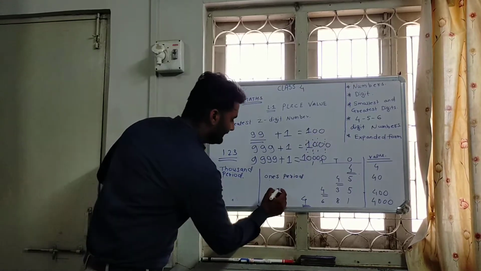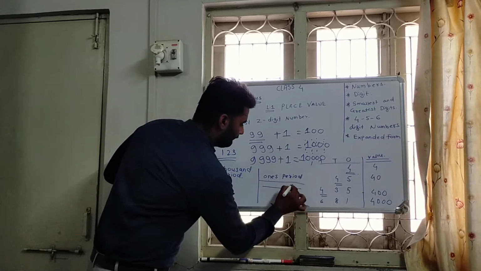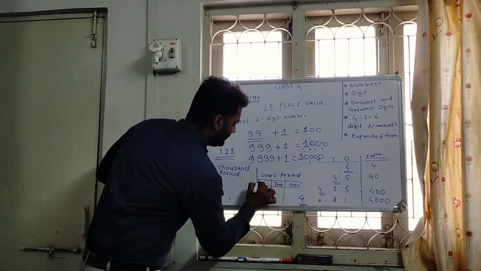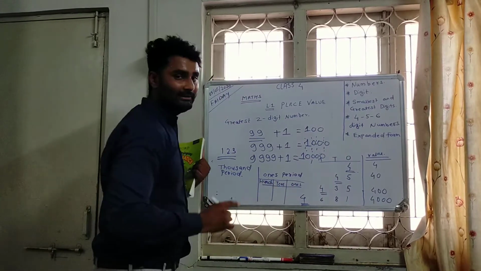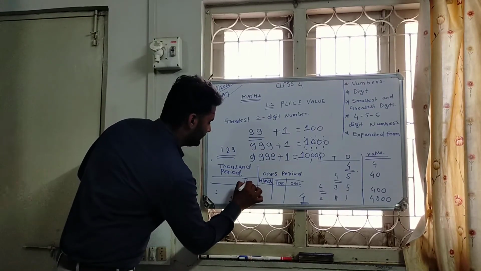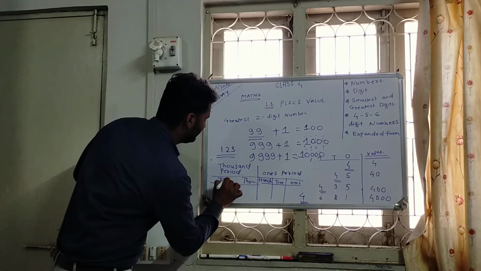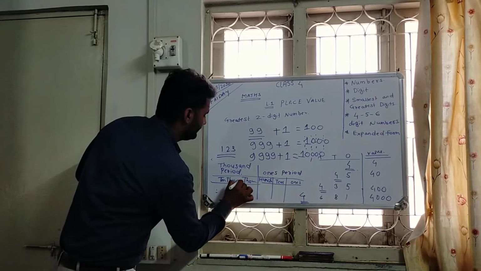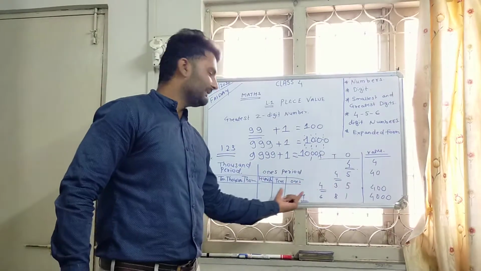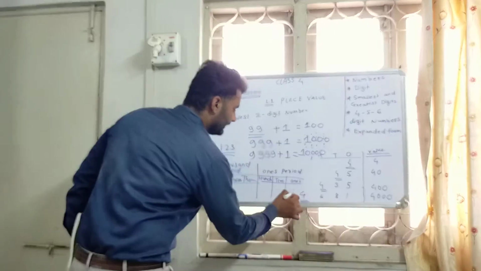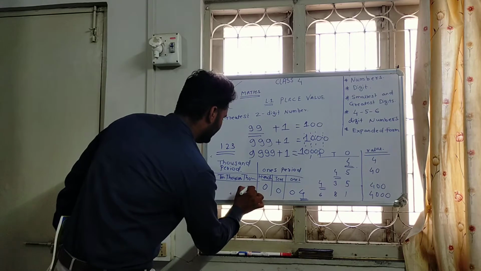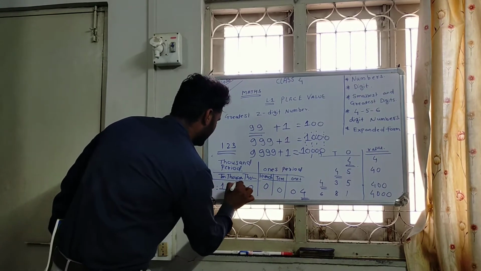In these periods there are ones, tens and 100 in the ones period, and in the thousand period, 1000 and 10,000. So this 5-digit number I'll trace here. Okay, so I write 0, 0, 0, 0 and 1.